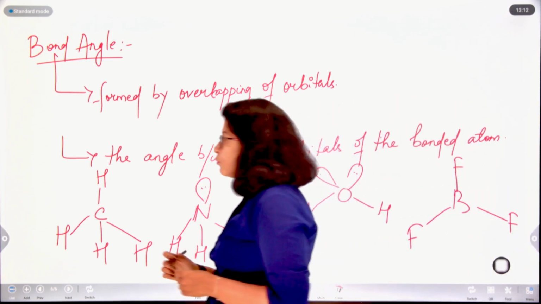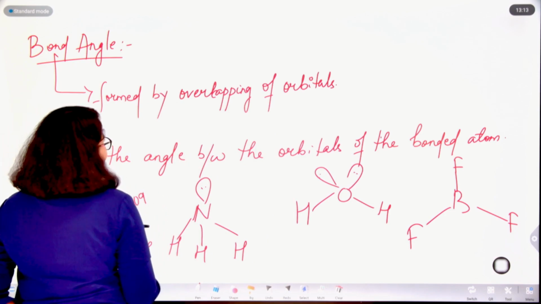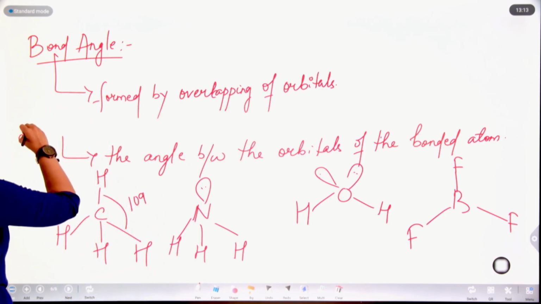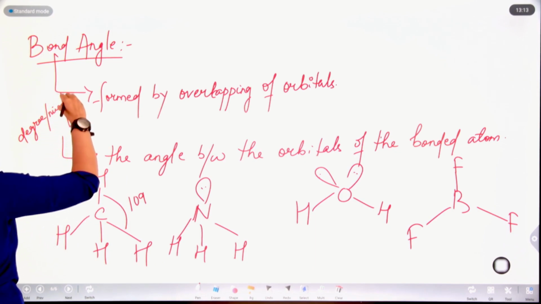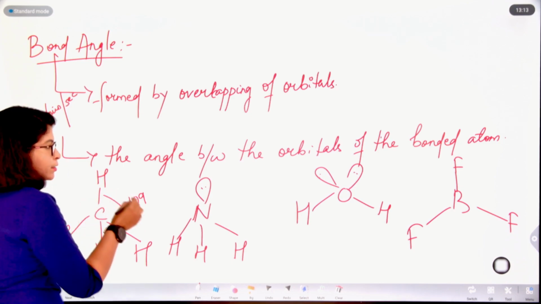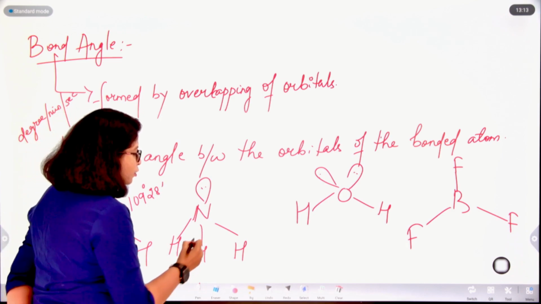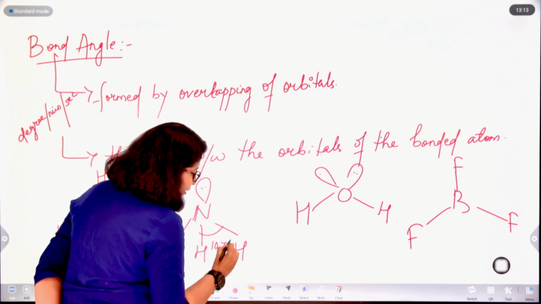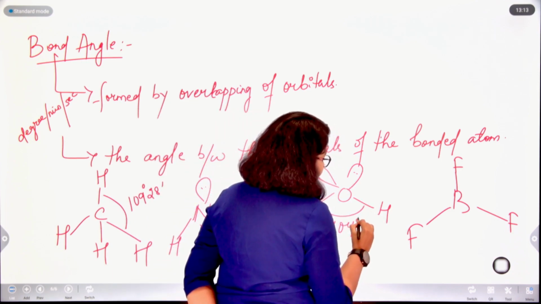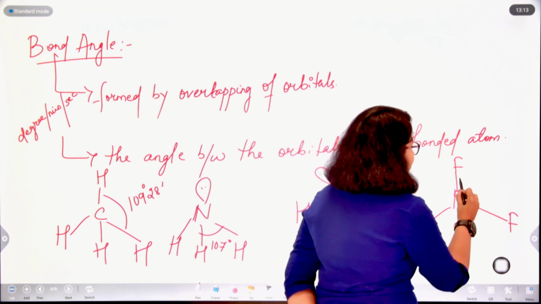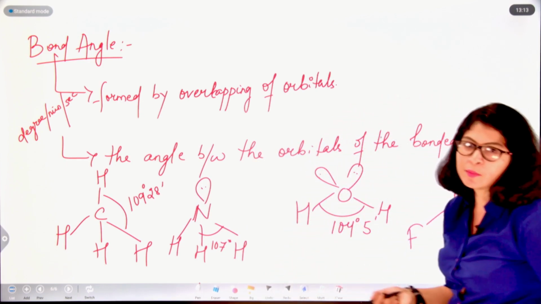Okay, so in case of methane, the bond angle is experimentally determined, and bond angle is usually represented as degrees, minutes and seconds. So in case of methane, the bond angle is 109 degrees 28 minutes. In case of ammonia, it is 107 degrees. In case of water, it is 104 degrees 5 minutes. In case of BF3, it is 120 degrees. And all these bond angles are experimentally determined.